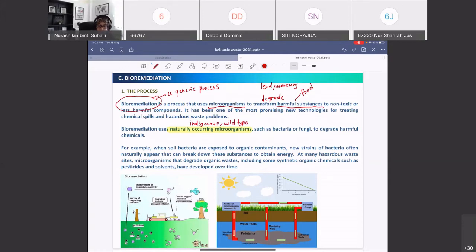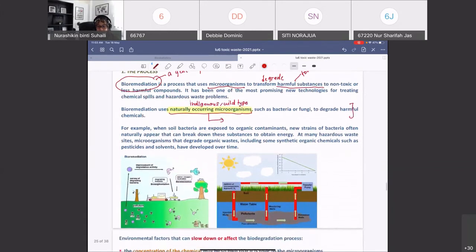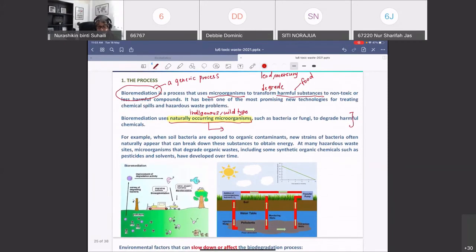Okay, so this is correct, but this knowledge about the indigenous microbes can also trigger improvement studies through genetic engineering, recombinant DNA technology or synthetic biology.